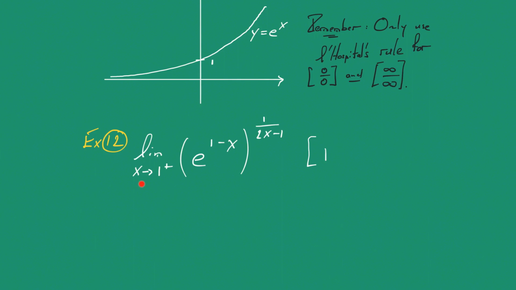Well, as x tends to 1 from the right, or the left for that matter, 1 over 2x minus 1 tends to 1 over 2 times 1 minus 1, which is 1 over 2 minus 1, which is just 1 over 1. Actually, the exponent is just tending to 1.